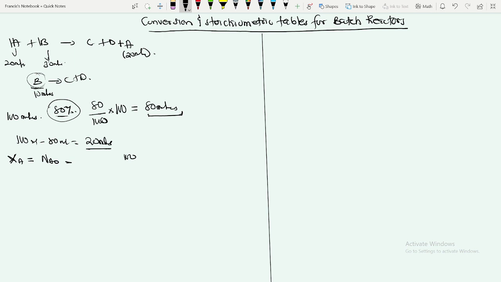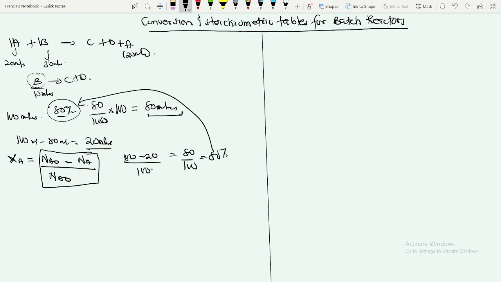Minus the moles of A that did not react, or the moles of A that was found in the product, so minus N_A. So in this case minus 20, divided by the initial moles present, which is 100 in this case. And this becomes the conversion of A. So in this case we get 80 over 100, and that is 80%. That was actually the conversion we assumed.